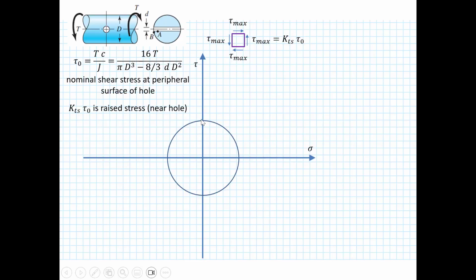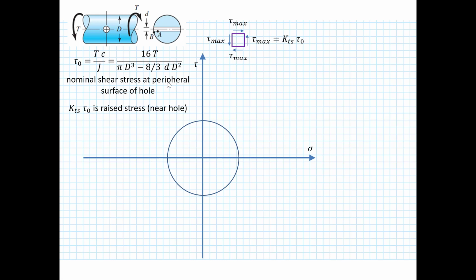So if we do the same thing we did before with a simplistic example and Mohr circle, we can say that on the surface, I've only got shear. That's all I've got. I've got no normal stress. So that shear, which is KTS times tau naught, that's my tau max.